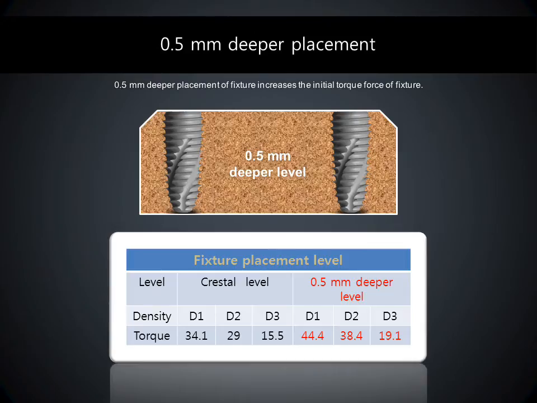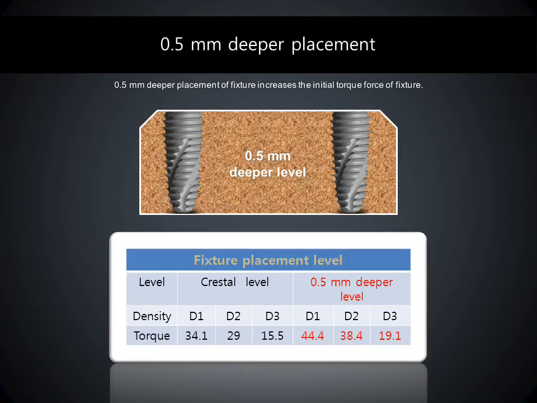The INNO implant system maintains a 0.05 to 0.1 mm gap over the whole surface to prevent compressive bone necrosis and increase fixture stability. The 0.5 mm deeper placement of the fixture in the stepped drill hole decreases the gap and increases the initial torque force of the fixture.